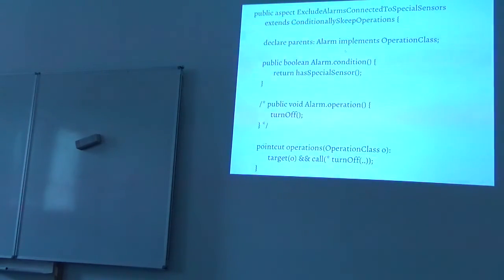You do what you do, and then you should unbind them, but you cannot really do this in AspectJ. You can bind roles, but you cannot unbind. Once you've said that alarm implements operation class, you're done with this. Unfortunately, this does not spoil too much, because you can enforce further implements mechanisms as you go.